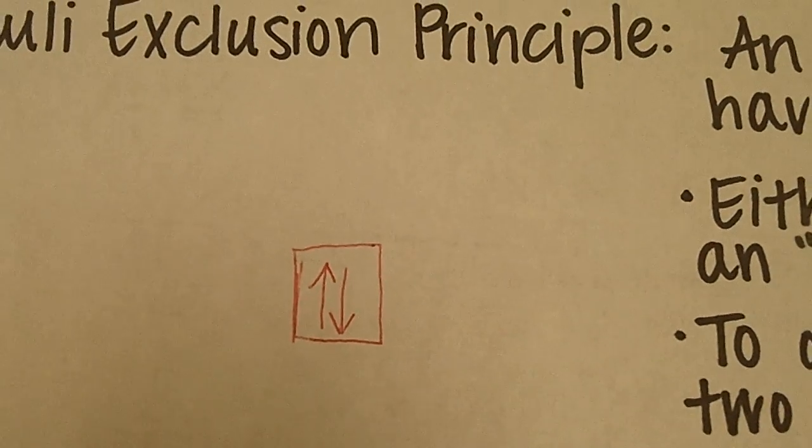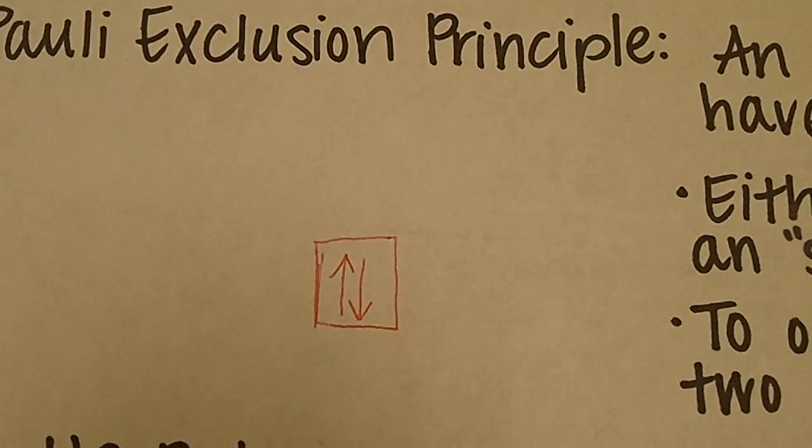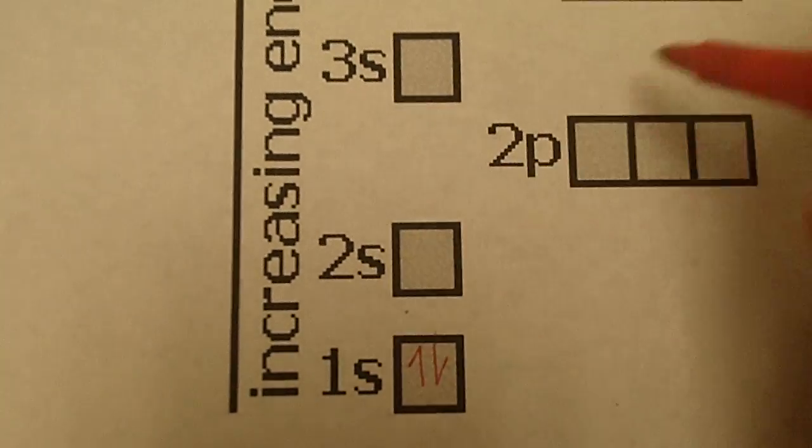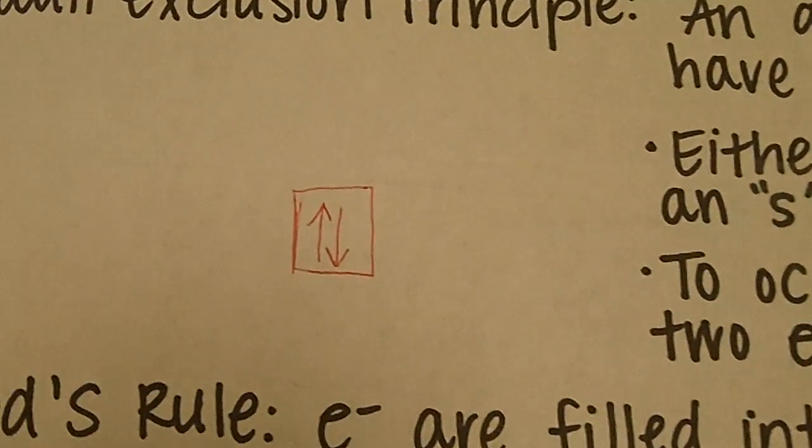It doesn't take that much time to draw a full arrow, but I think it's easy when you do the half arrows, because if you're going to fill up an orbital, you could go 1, 2. It doesn't really matter, but I would accept either.